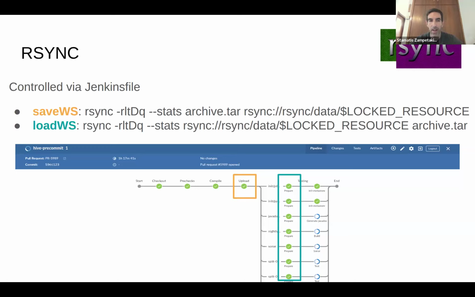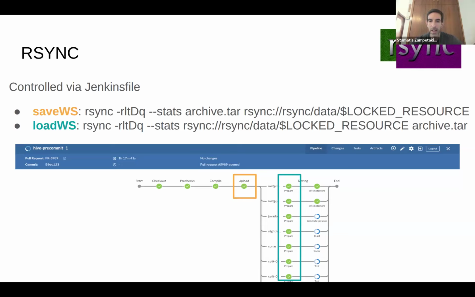And the reason why we are using Rsync is because it can see if the file is already present and if it is identical, so that it avoids the copy if it is not necessary. So again, this will become a bit more clear afterwards.